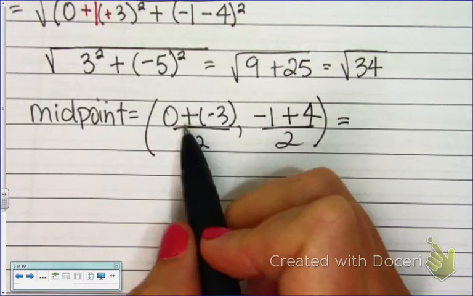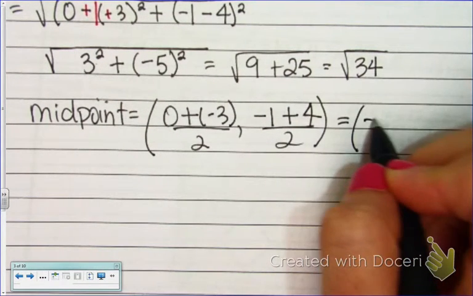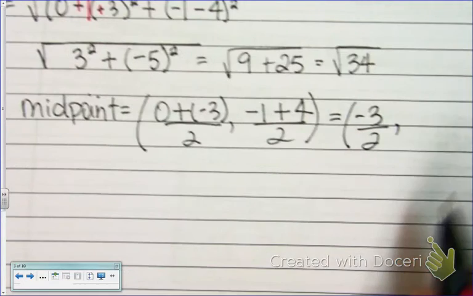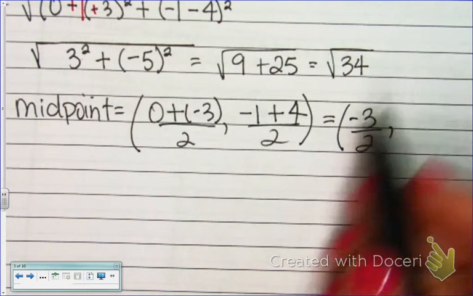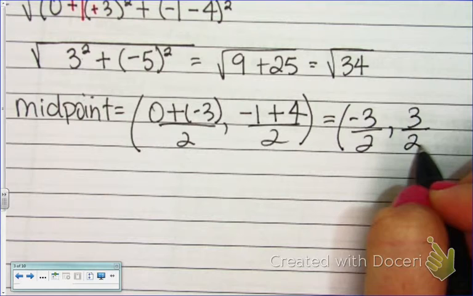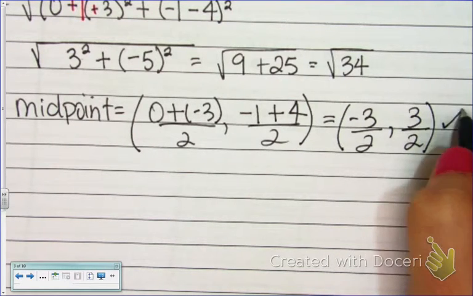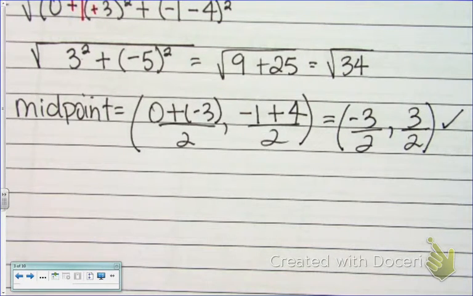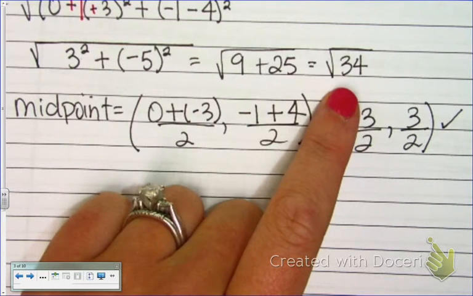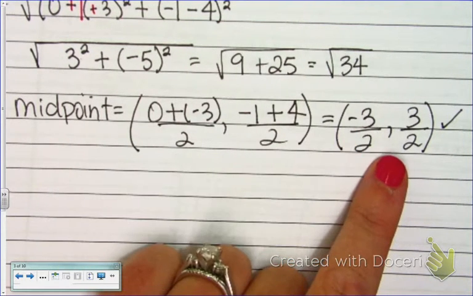So we have 0 plus -3 gives me -3 over 2. And then we have -1 plus 4 gives me 3 over 2. And there is your midpoint. So all you're doing is plugging the information into the formulas and putting it out on your paper. So this is going to be a distance. This is going to be a coordinate.